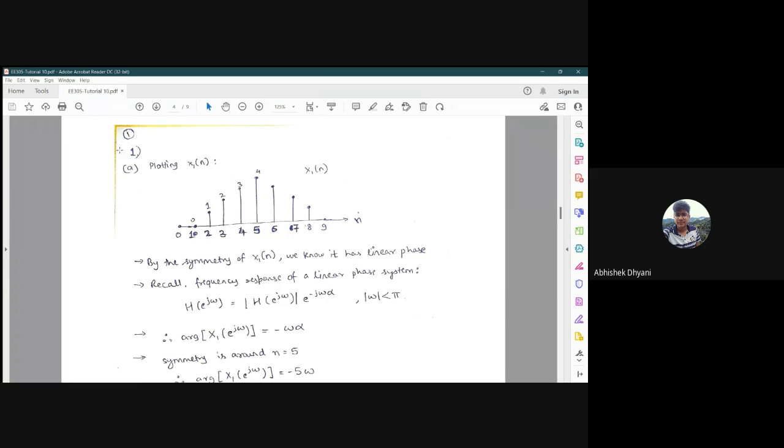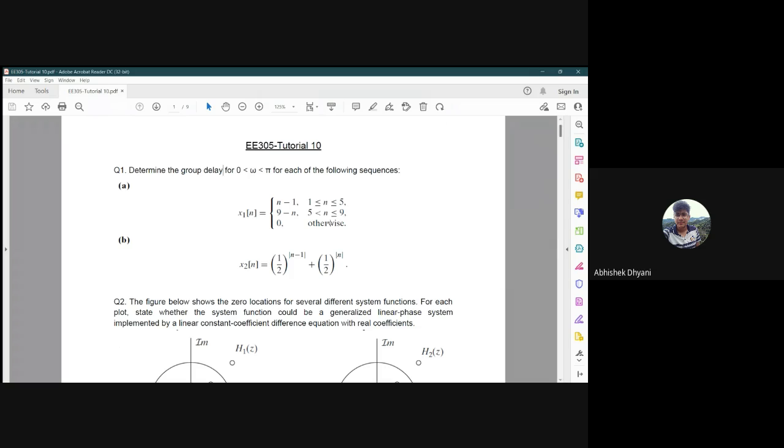So this is how the signal looks when we plot it. You can see that for n equal to 5, the value will be n minus 1, or 4. For 1 to 5, it is increasing, and for 5 to 9, it will be decreasing.